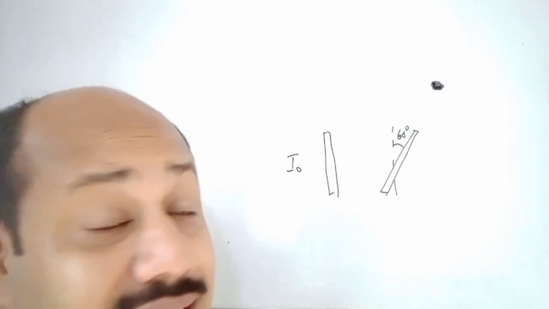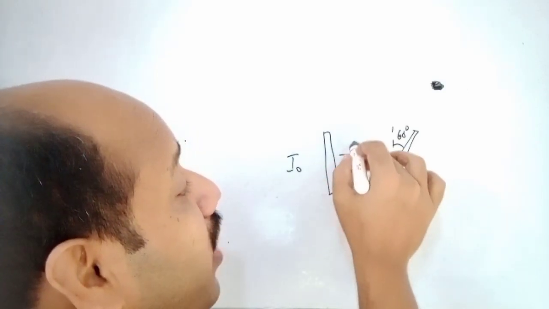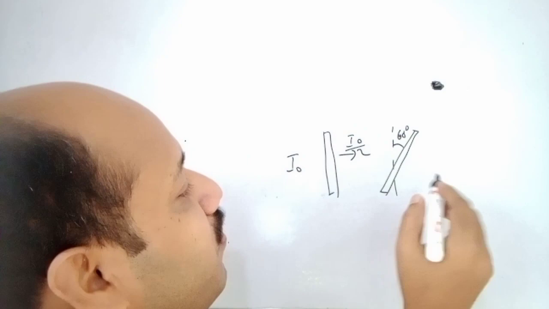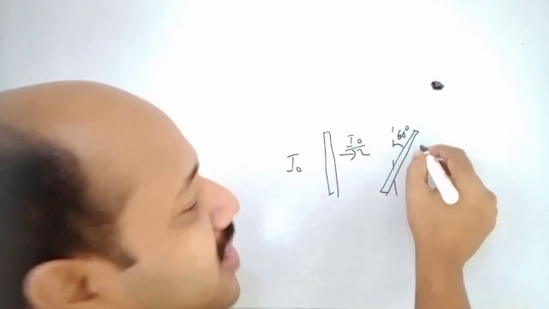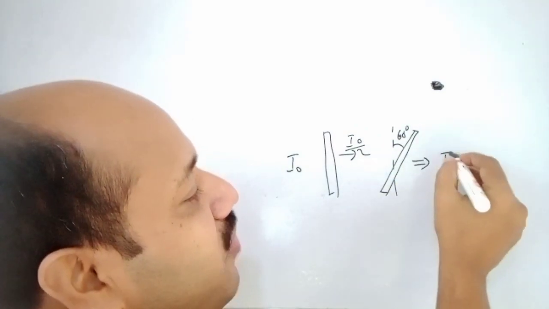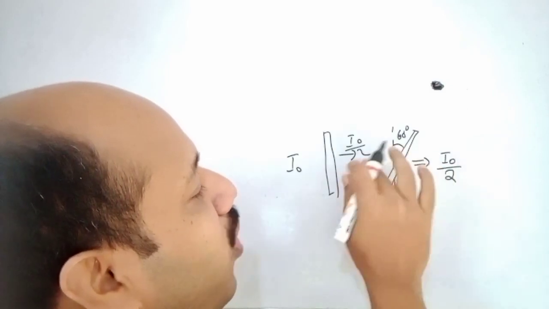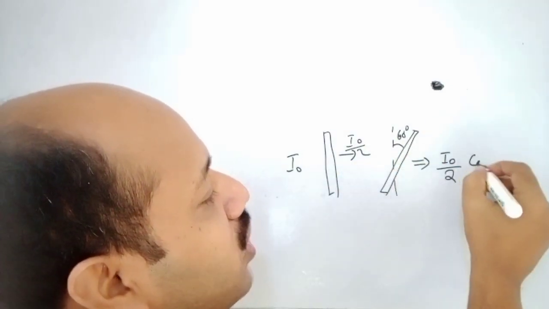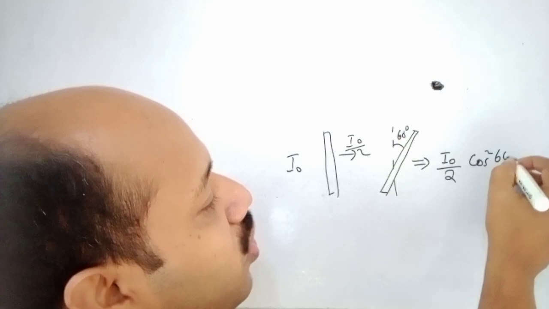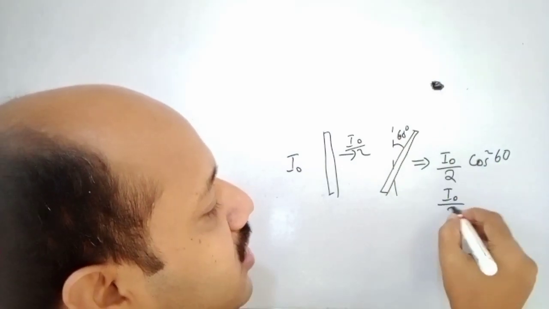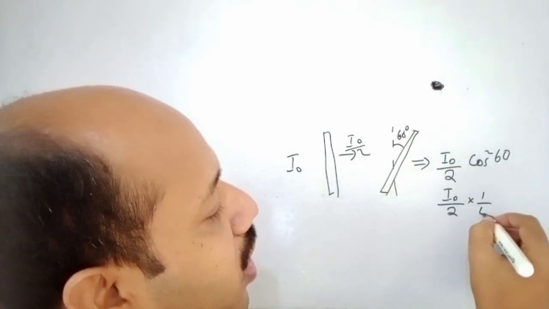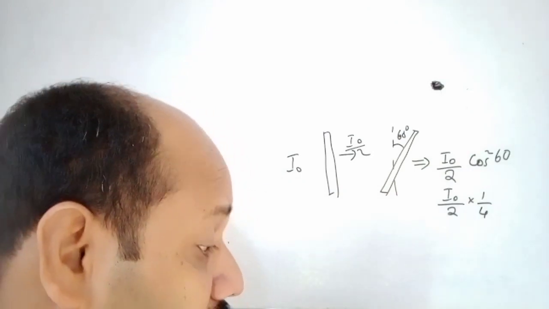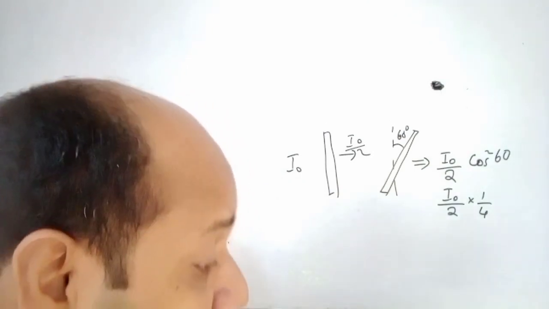On passing through the polarizer, the light becomes polarized and its intensity is I0 by 2. Through this analyzer, the intensity of light coming out is I0 by 2 into cos square theta, that is Malus law, cos square 60. Now it is I0 by 2 into 1 by 4. The answer is I0 by 8. Fourth one is the right answer.